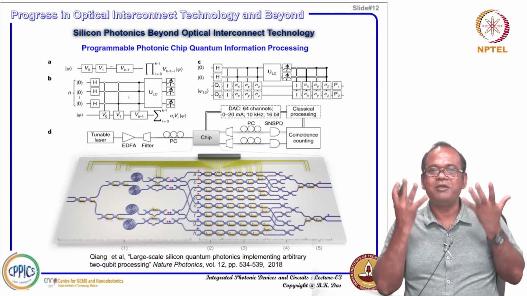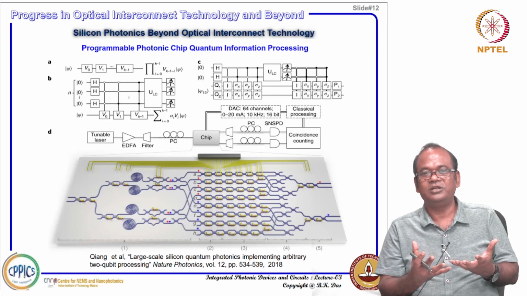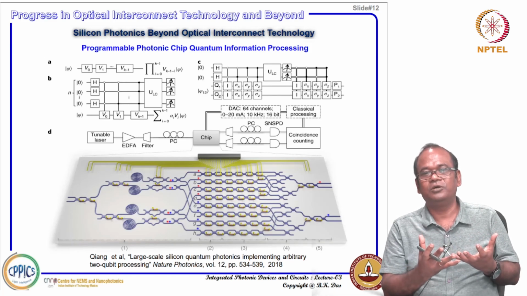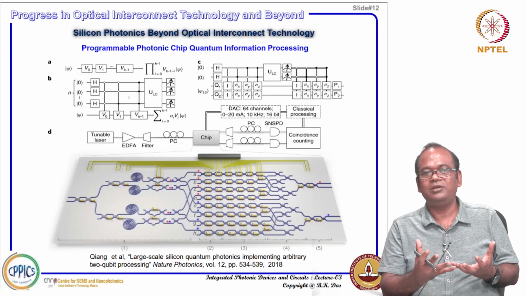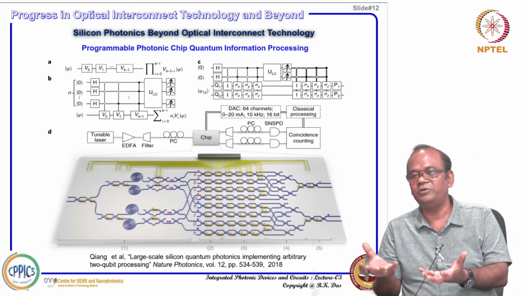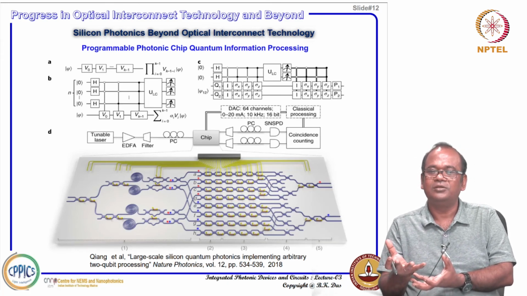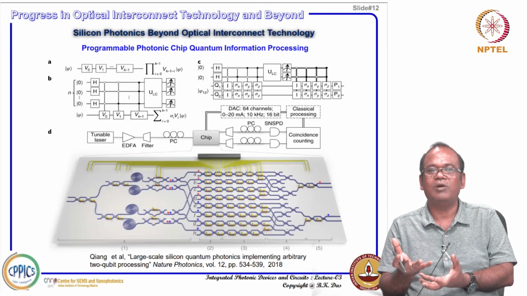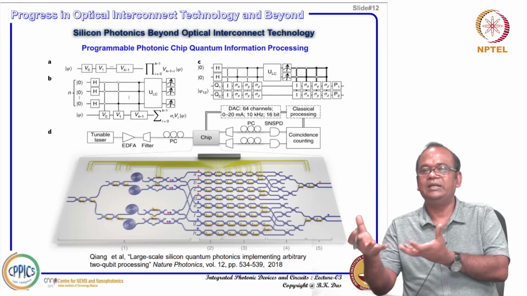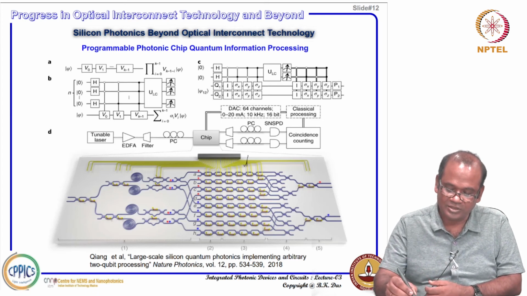The only thing is that you have to generate deterministically the quantum nature of the photon, and then use classical devices like waveguide, power splitter, interferometer, to manipulate this photon's quantum nature, and then you can detect, and that manipulation can happen using your electronic signal.